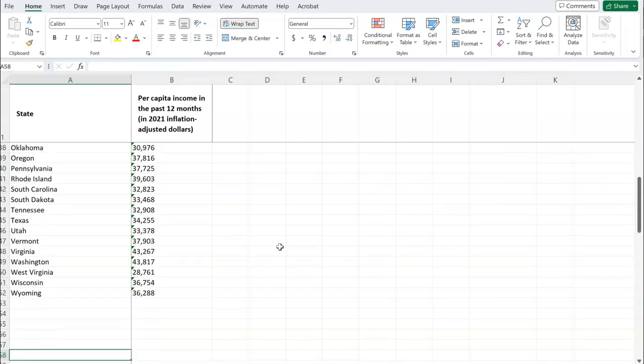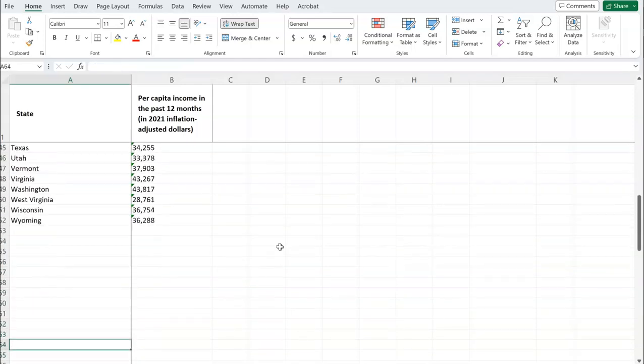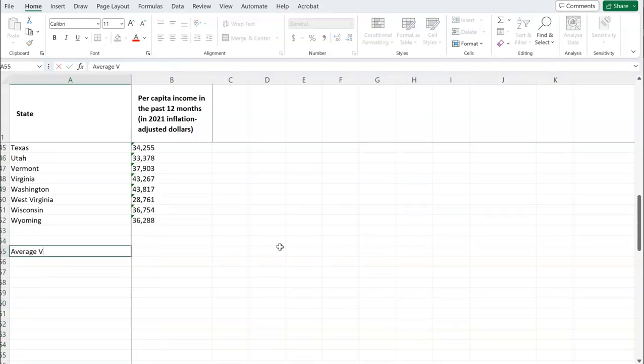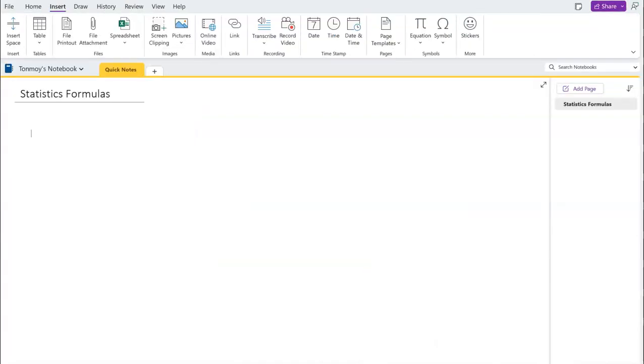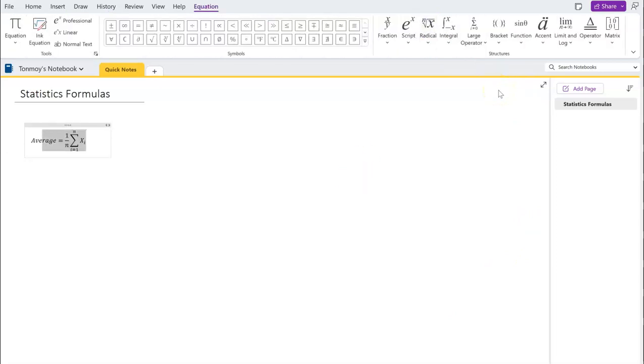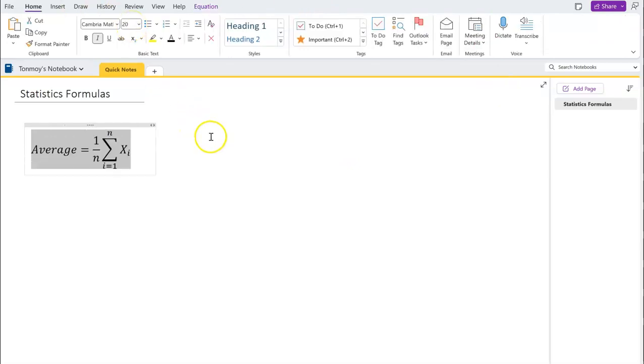Now, if I were to find the average value, the average formula that we know is basically this. This is my formula for the average. I am summing all the values, so each of the entries is denoted by xi. So if I have 50 states, my n will be 50.